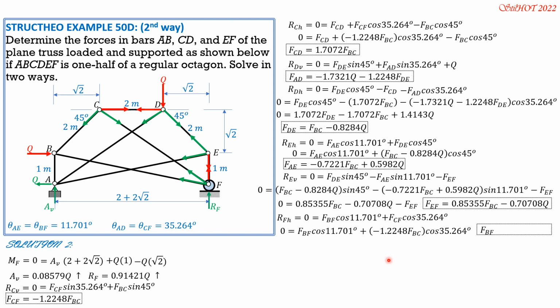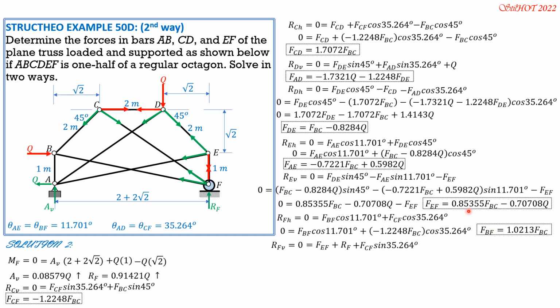Then RF vertical equals 0. So 0 equals FEF plus RF plus FCF sine of 35.264 plus FBF sine of 11.701 degrees. So replace RF, FCF, FEF in terms of FBC.